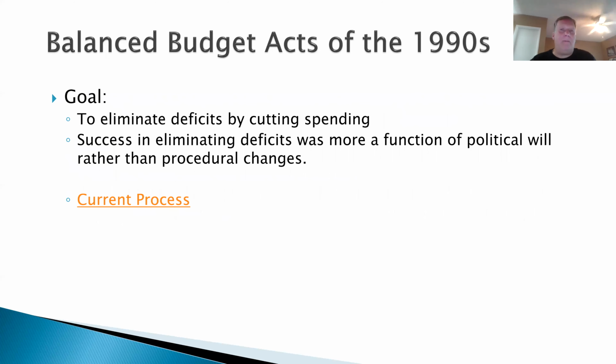You combine that Budget Enforcement Act with the Balanced Budget Act of 1993 and the Balanced Budget Act in 1997, and essentially what ended up happening is by the time you got to fiscal year 1998, 1999, we had, at least on paper, eliminated budget deficits. We had gone from deficit spending at the federal level to surplus spending.